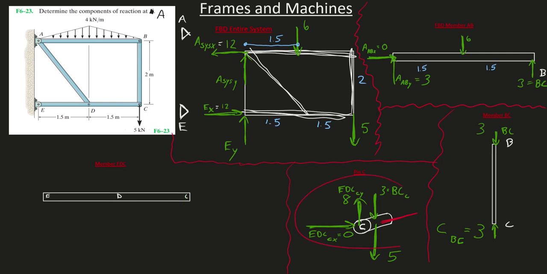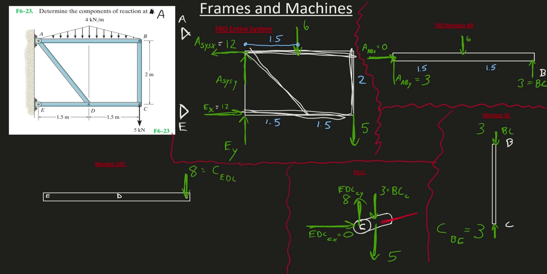I gotta use my whole Newton's third law again. EDC puts 8 up on pin C, therefore pin C puts 8 down on EDC. So 8 down from E onto EDC.